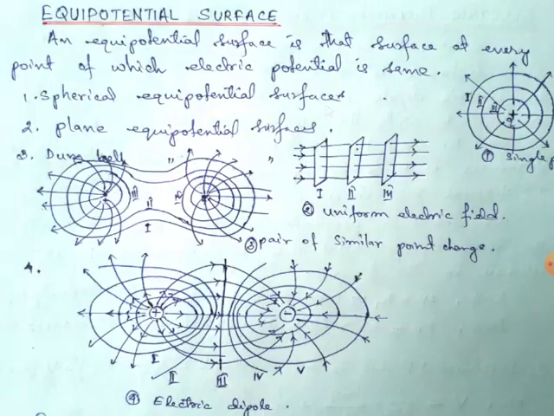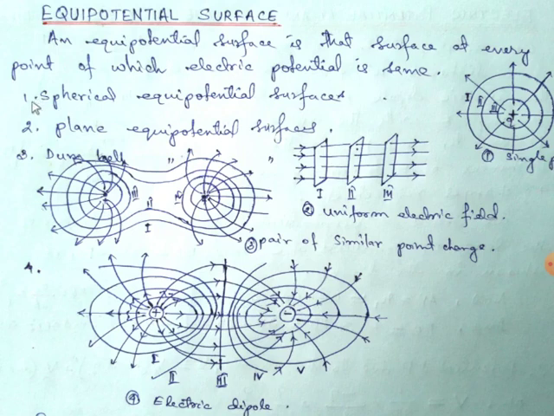Equi means equal, so equal potential. Such a surface is known as an equipotential surface. The definition is given here: an equipotential surface is that surface at every point of which your electric potential is the same.